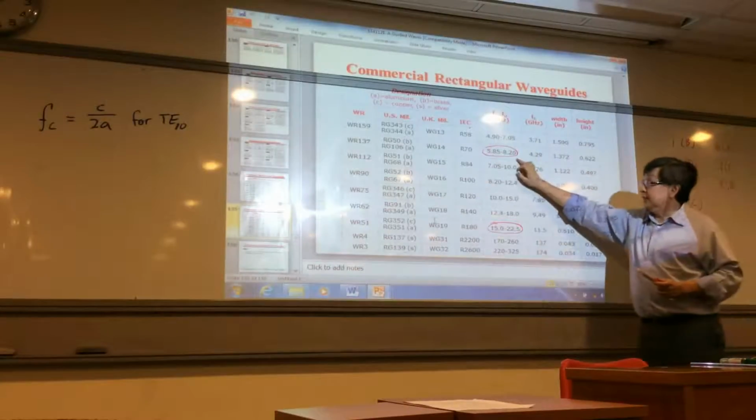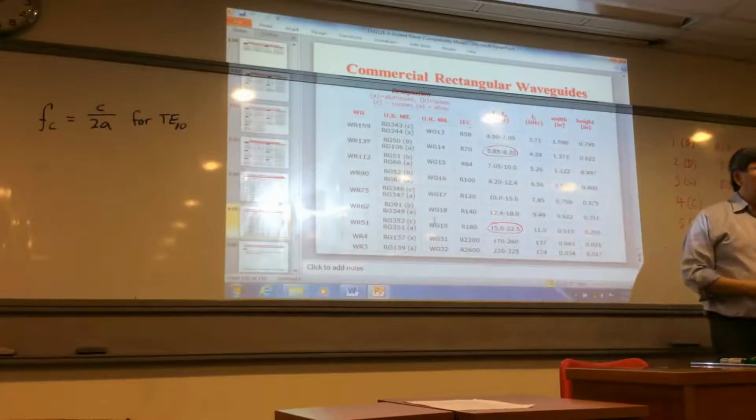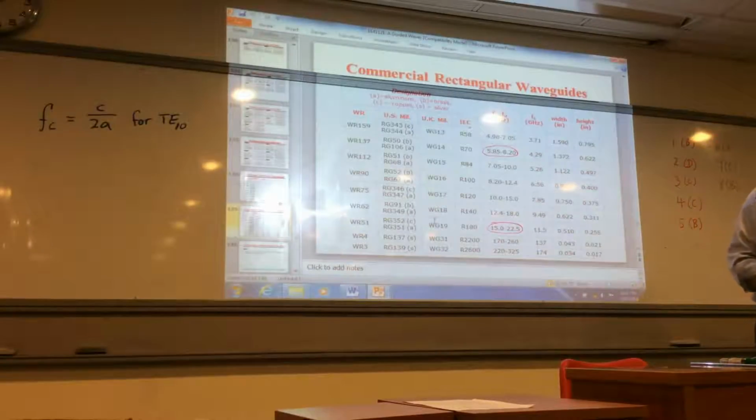Your 10 gigahertz is outside the recommended range. So in future, if in the examination they give you another a, we cannot just remember the range. We need to calculate it ourselves.